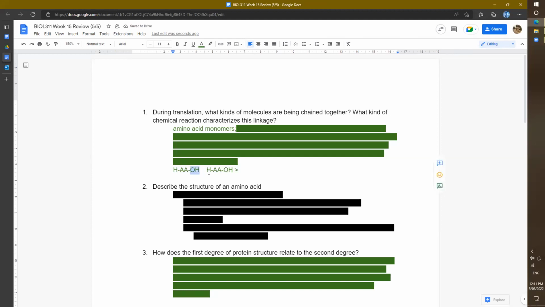So we cut this off, and then we cut this off. What we end up with is the H, the amino acid, tied to the amino acid, tied to the OH, because we just took off the ones that were separating them, not the ones at the edge. And this OH and this H come together to become H2O. So we took a water molecule out of this system. In order to make the polymer, we took a water out. So we dehydrated it. Yeah.